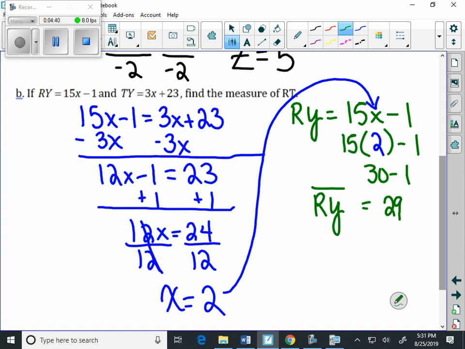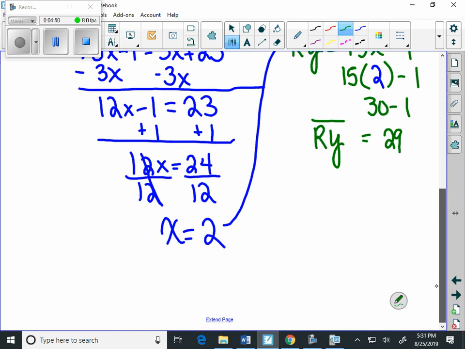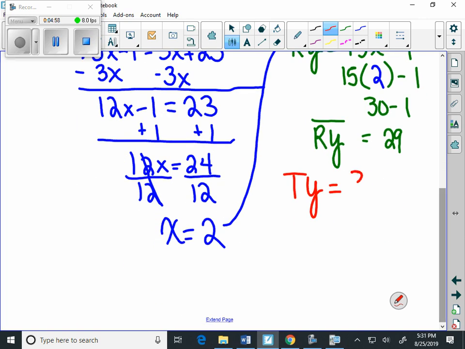And even though technically you don't have to figure it out, let's look and make sure here. Let's do the 3x plus 23. Let's figure out what TY equals. TY equals 3x plus 23. Once again, we're taking this value of 2 and putting it in for x.